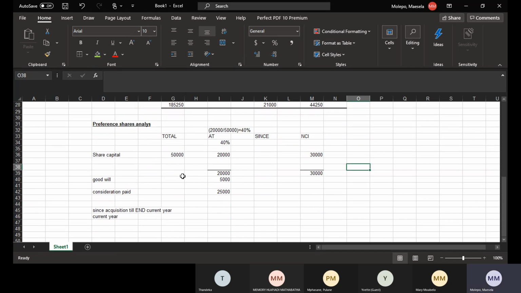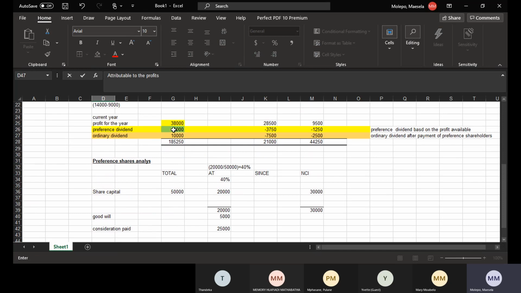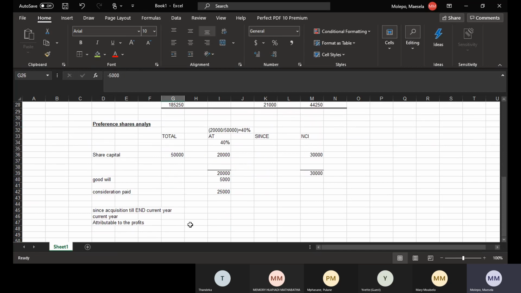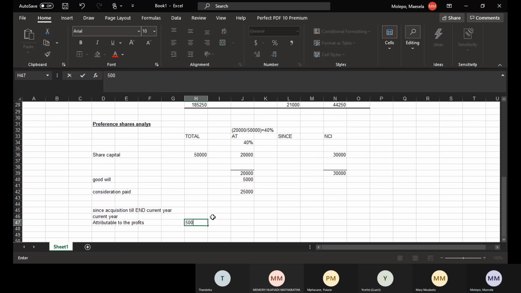We take that 5,000 and put it here, which is the amount attributable to the profits. So it will be the 5,000 here.